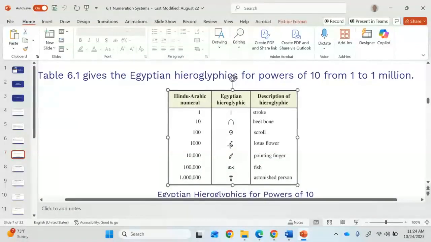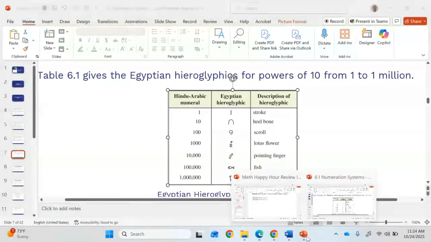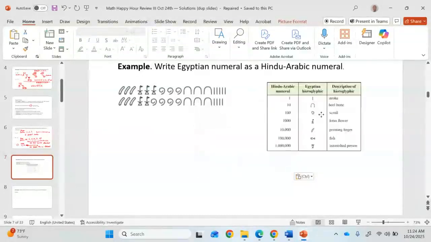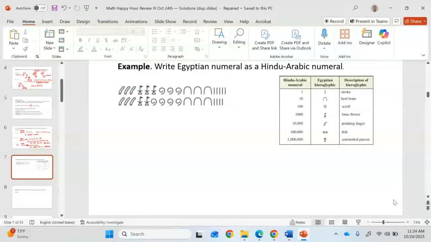So this is our table with the symbols. Maybe I can just copy it and paste it in there so that we can have it ready. And this is what an Egyptian numeral looks like, and all I gotta do is identify each symbol, count how many, and then multiply by its value. So it's kind of like 3 things: identify, count, and multiply.